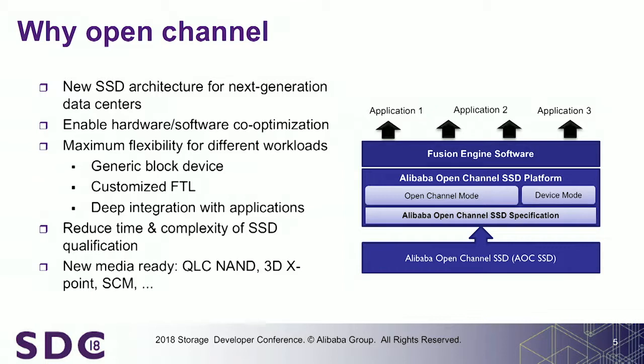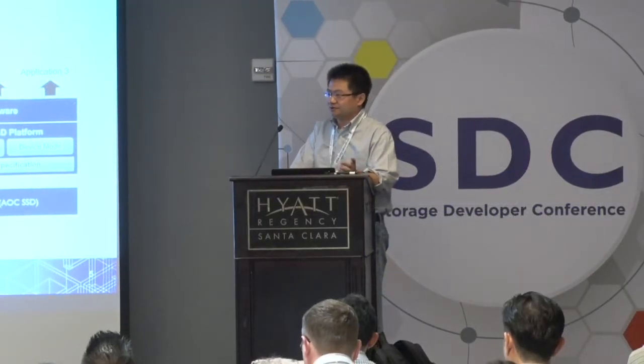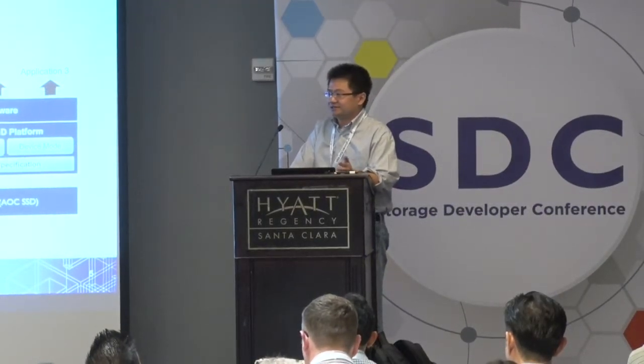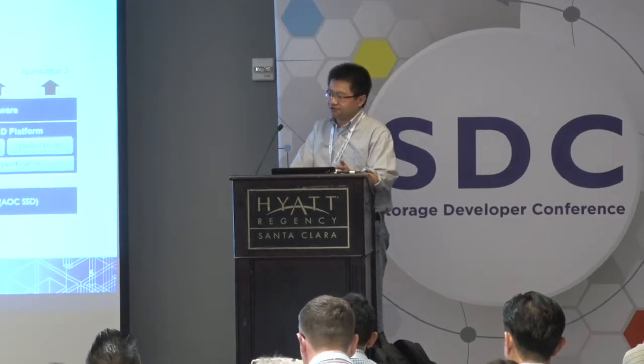When we have the first generation massively deployed in our data center, we will learn from it and figure out the best way to deploy those devices for different business unit requirements. Then in stage 2 of our open channel, we will try to reduce the memory in the SSD to reduce the cost. That will be the stage 2 plan, but in stage 1 we keep identical hardware. So dual mode is really a staging, intermediate product? I would think so, yeah.